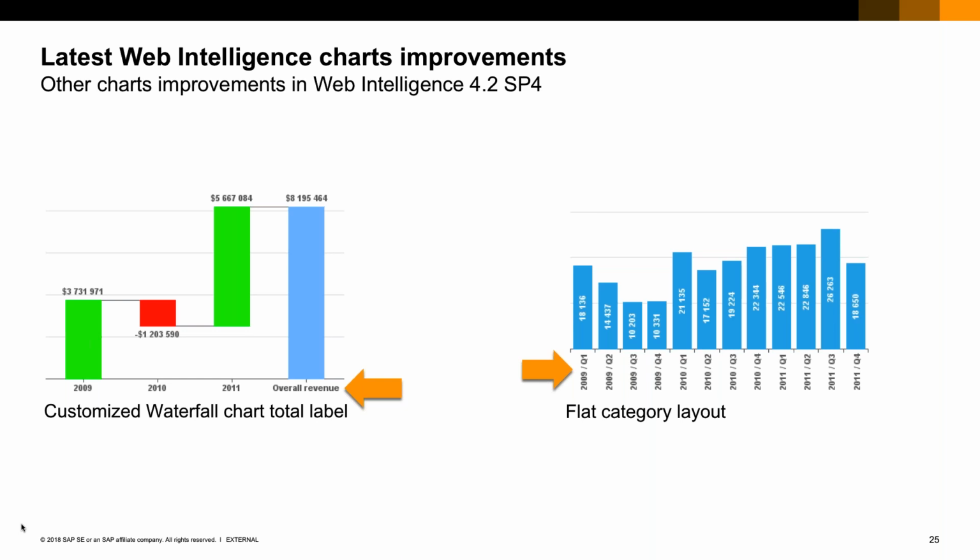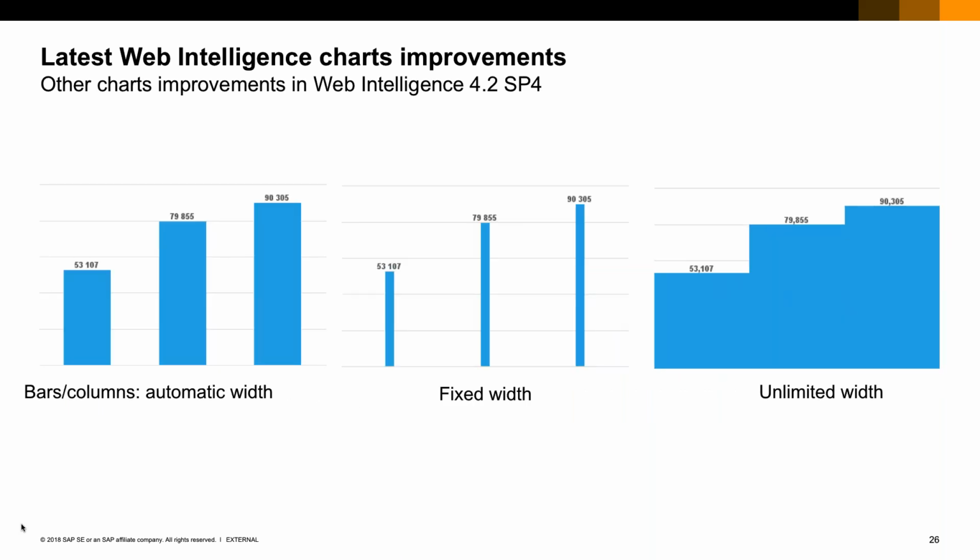Usually you have a sort of hierarchical layout. That's what used to be the case for every 4.x version of Webi, but in XI 3.x there used to be a flat category layout, and then we introduced that flat category layout again in 4.2 SP4.